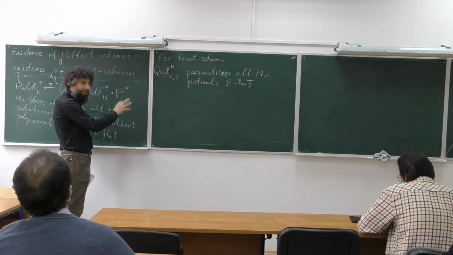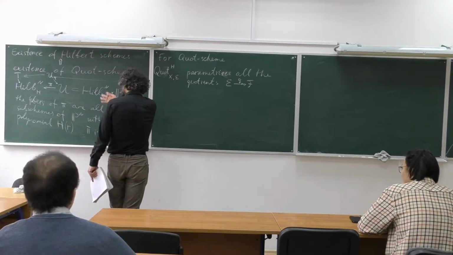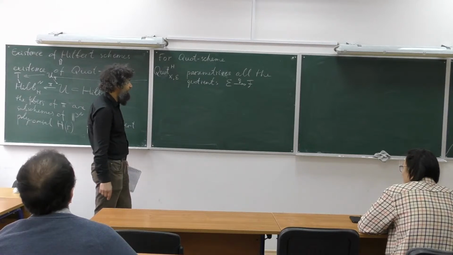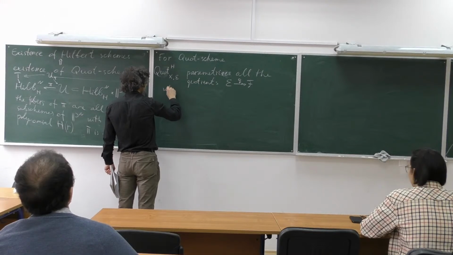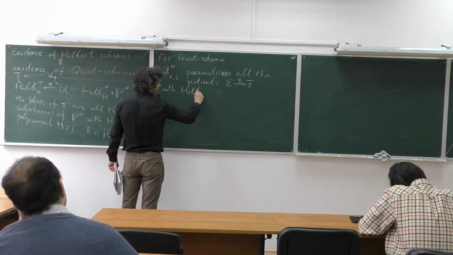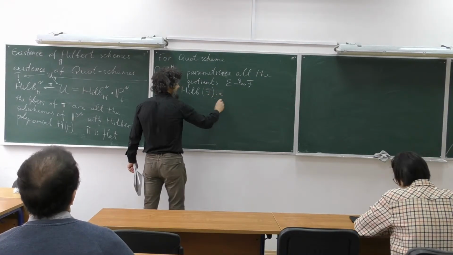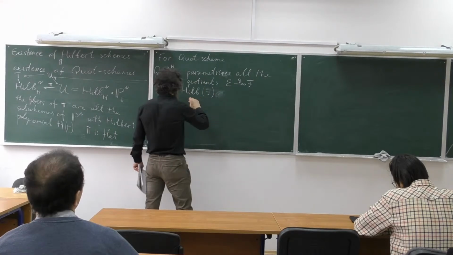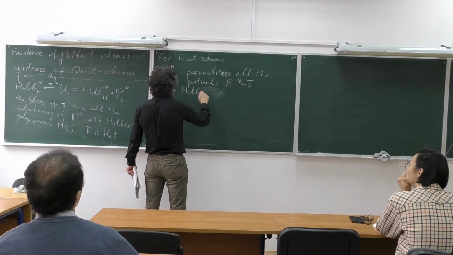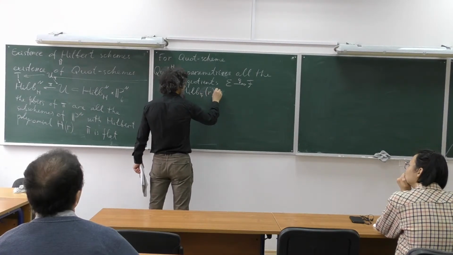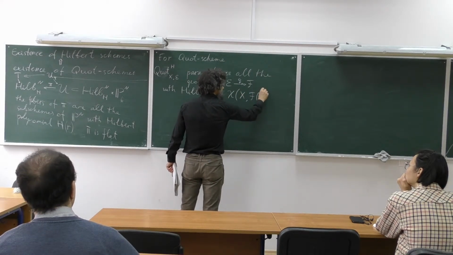But maybe now let me say it roughly, and not very rigorously. So in the same way, it parameterizes all the possible quotients like this with the Hilbert polynomial of F. And by definition, this Hilbert polynomial of F at r is equal to the Euler characteristic of X with coefficients in the twisted sheaf.